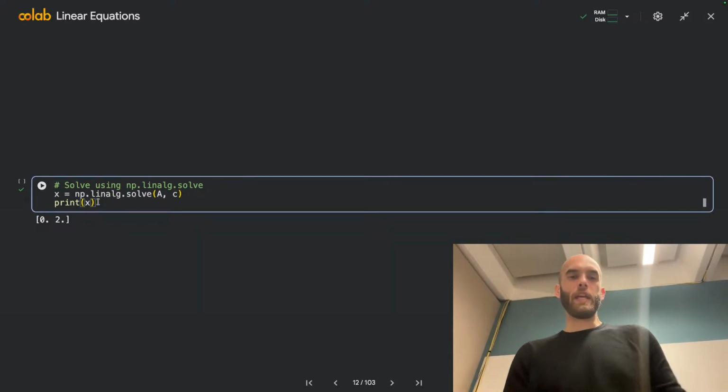What we can do is actually just go ahead and solve for x. Python, like every language really, has a linear algebra solver.